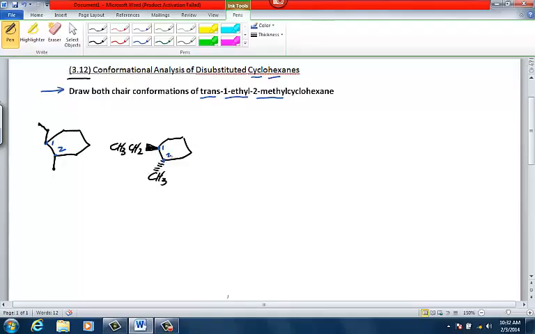So if we're going to do this with a chair, you start off making a chair any way that you would like. 2 offset parallel lines. The foot of the chair comes down, the head of the chair comes up, and if we look at our number 1 and 2 carbons, again, it doesn't really matter where you start. Let's say that's carbon number 1, and this is carbon number 2 of the ring.